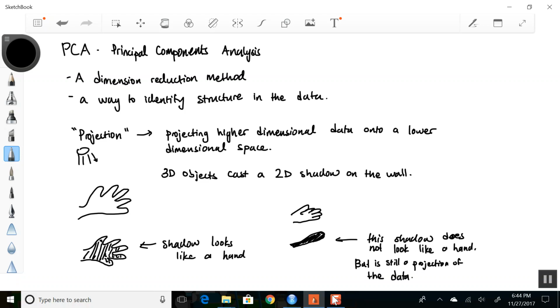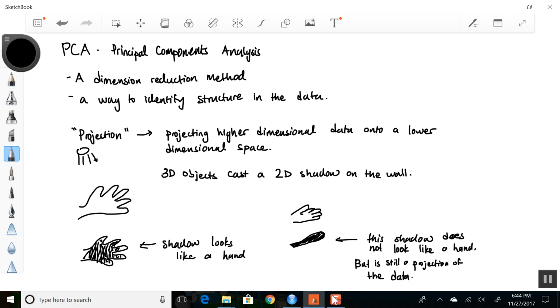So there's a question like what is important in the object that we're trying to represent. We would probably say that if you see this shadow on the wall, you would know that that's a hand, right? If you see this shadow on the wall, you probably would not. Or I mean, you might, but less so, right?